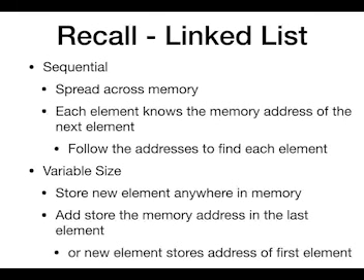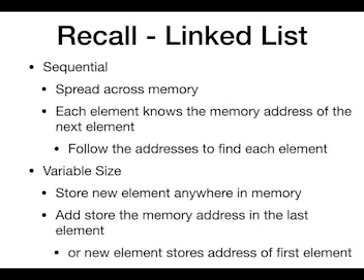But these are variable size, and the way we get variable size is that instead of asking for one big chunk of memory and storing our whole linked list in that chunk, what we're doing now is asking for a new chunk of memory for each element of our linked list.